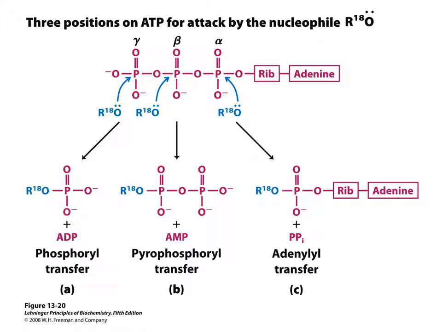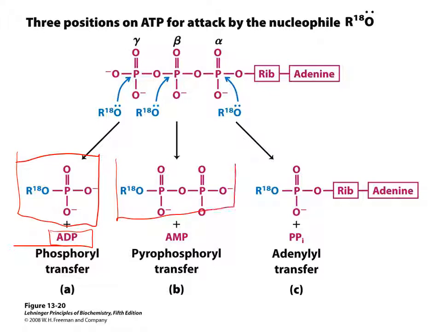Now let's look at what ATP can produce or do in terms of chemistry. Well, it can produce a phosphoryl group and ADP. It can produce a pyrophosphoryl group and AMP.